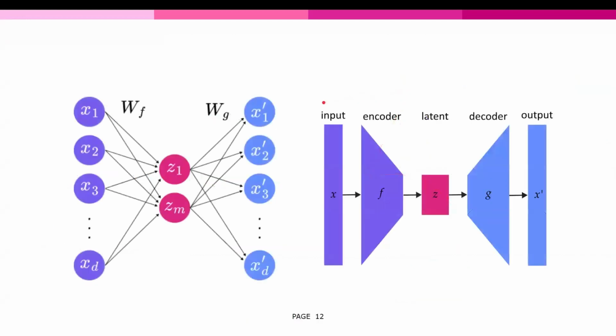So for the rest of this talk, I'm going to use a block diagram architecture for the autoencoder in place of a neural network. Also, while I've kept things simple in the discussion so far and focused on a single hidden layer encoder and decoder, each of these could have multiple layers in general.